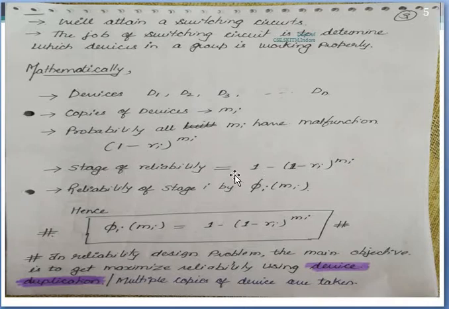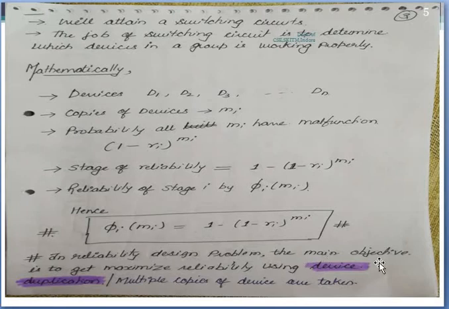The reliability of the stage is 1 minus the probability that all mi malfunction, and the reliability of stage i is given by phi of mi. Hence phi of mi equals 1 - (1 - ri)^mi.